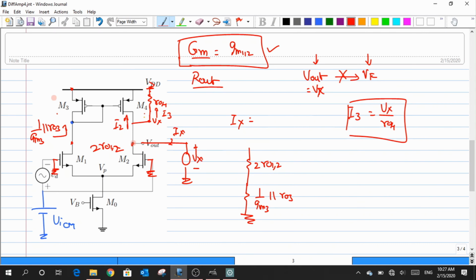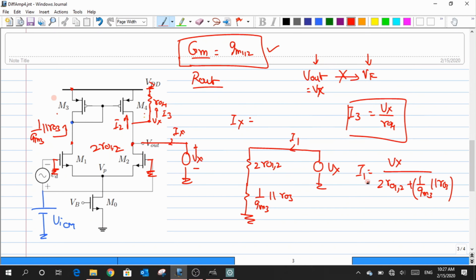Okay. Now at this particular point, what I have is just the value of Vx, and I am trying to measure I1. Okay. So what is the value of I1 then? Yeah, Vx by the summation of these two impedances. It's as simple as that. Okay. So now I can get the value of I1 to be equal to Vx divided by all of the impedances that are in series, I just add them up.